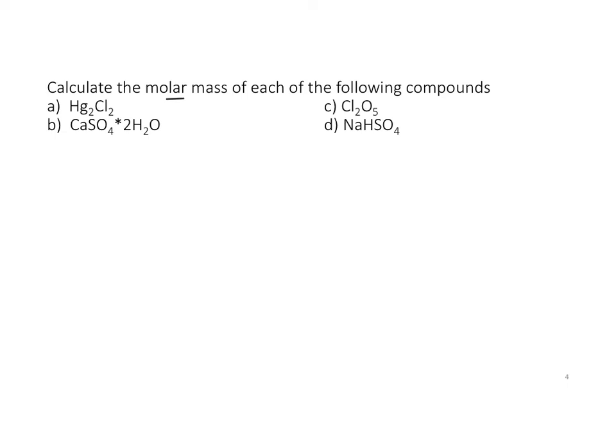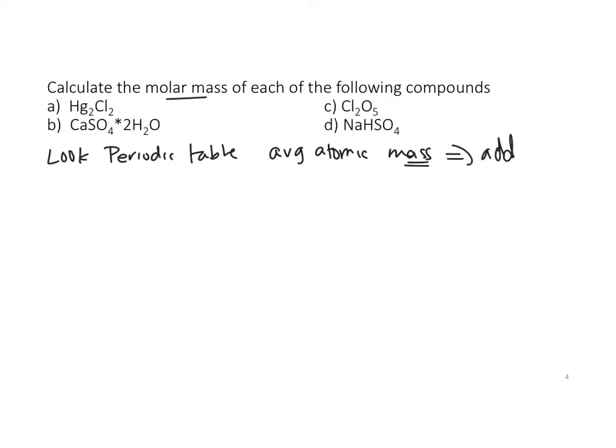Okay, calculate the molar mass of each of the following. The molar mass, you have to look at the periodic table. And you're going to use that average atomic mass provided. And you'll add those up. So here we have, you see we have 2 mercury and we have 2 chlorine.